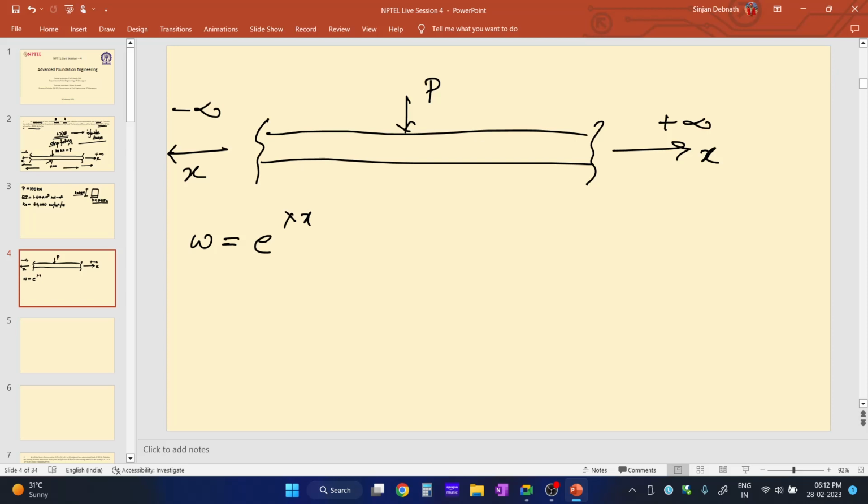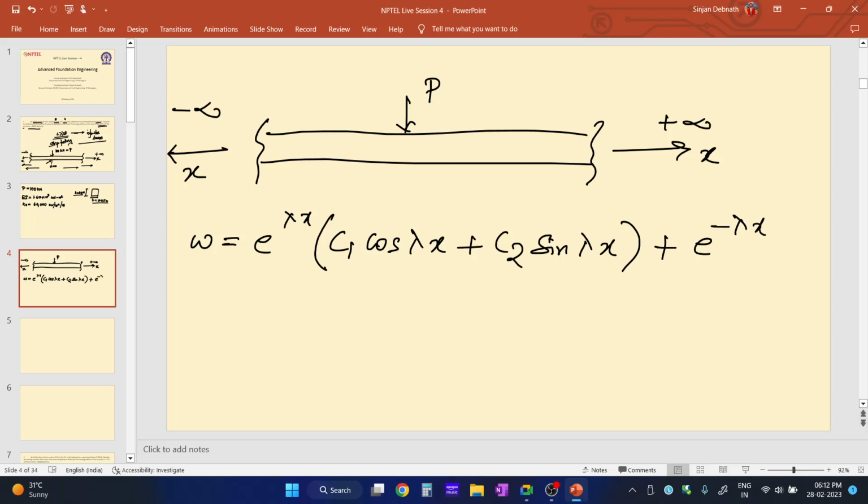W = e to the power lambda x (C1 cos lambda x plus C2 sin lambda x) plus e to the power minus lambda x (C3 cos lambda x plus C4 sin lambda x).